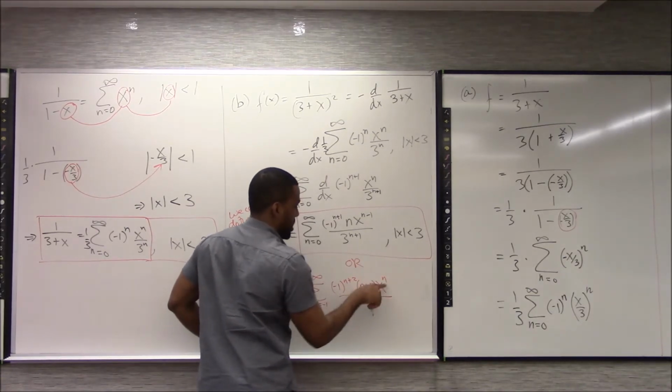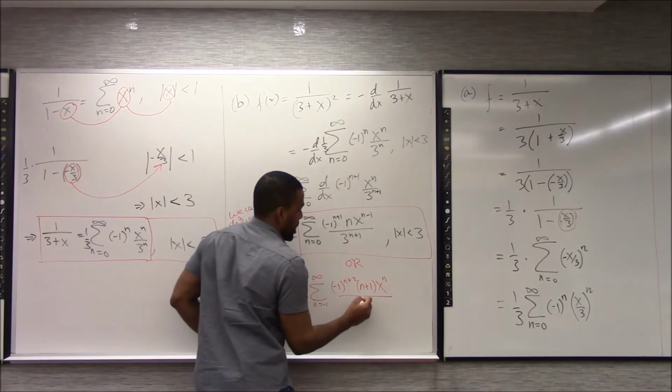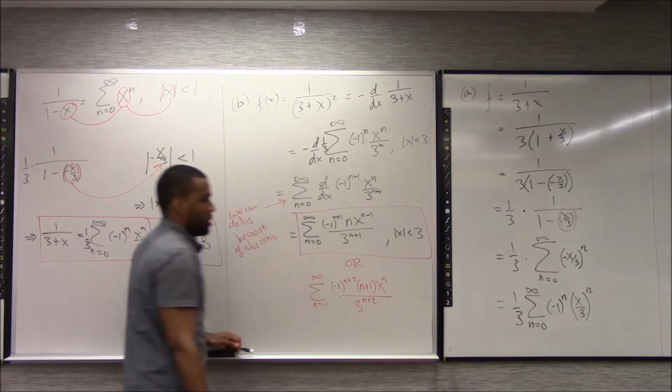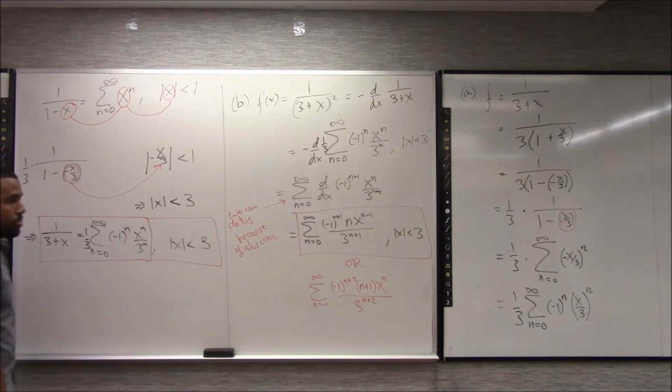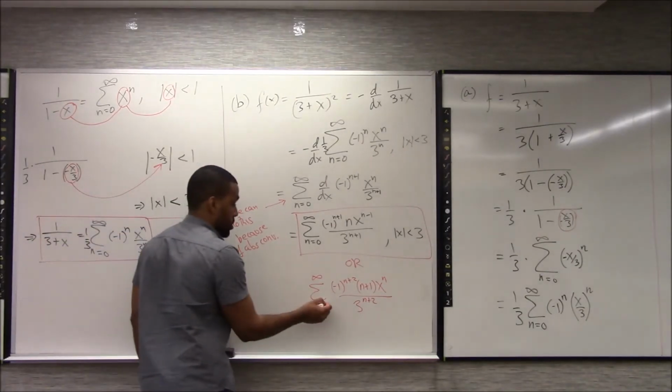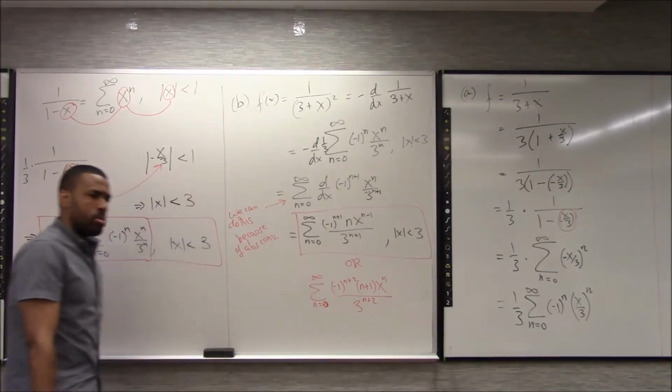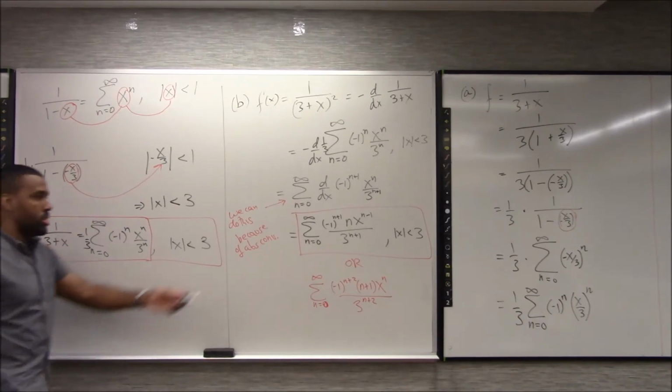But that's just to make it look like x to the n, because you like that. And we can start this from 0. But that's not something you have to worry about. This will be good enough here.